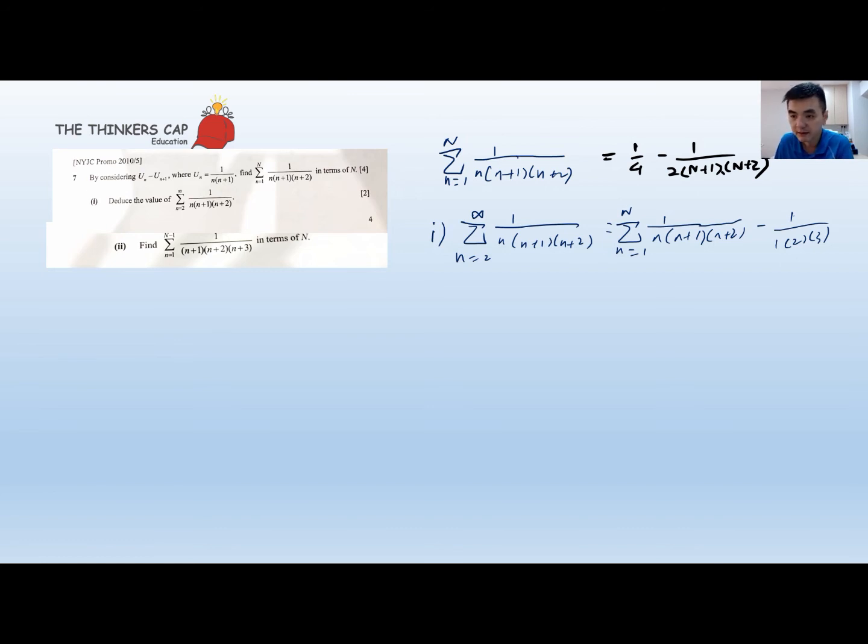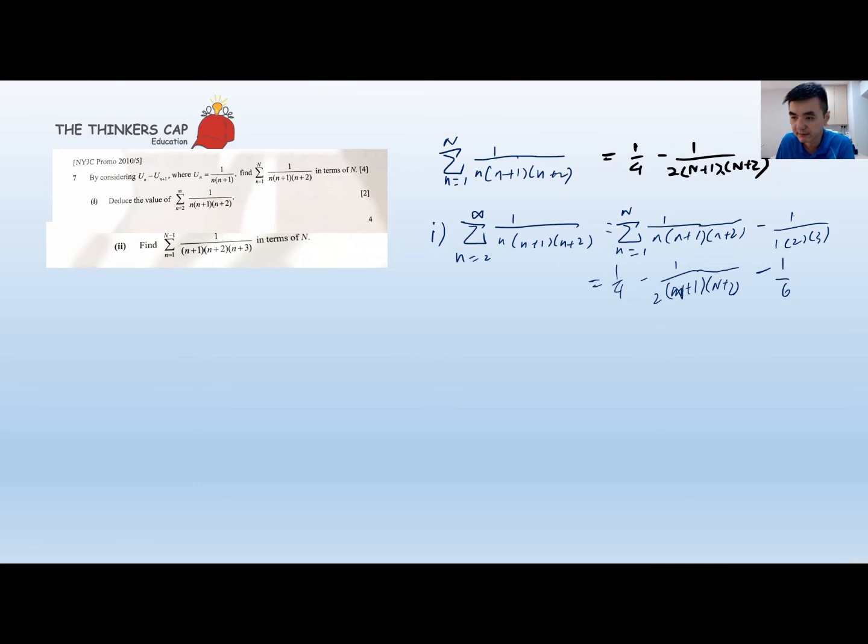So in this case I've got 1/4 minus 1 over 2 n plus 1 and n plus 2, this is obtained from our previous results, and minus 1 over 6.